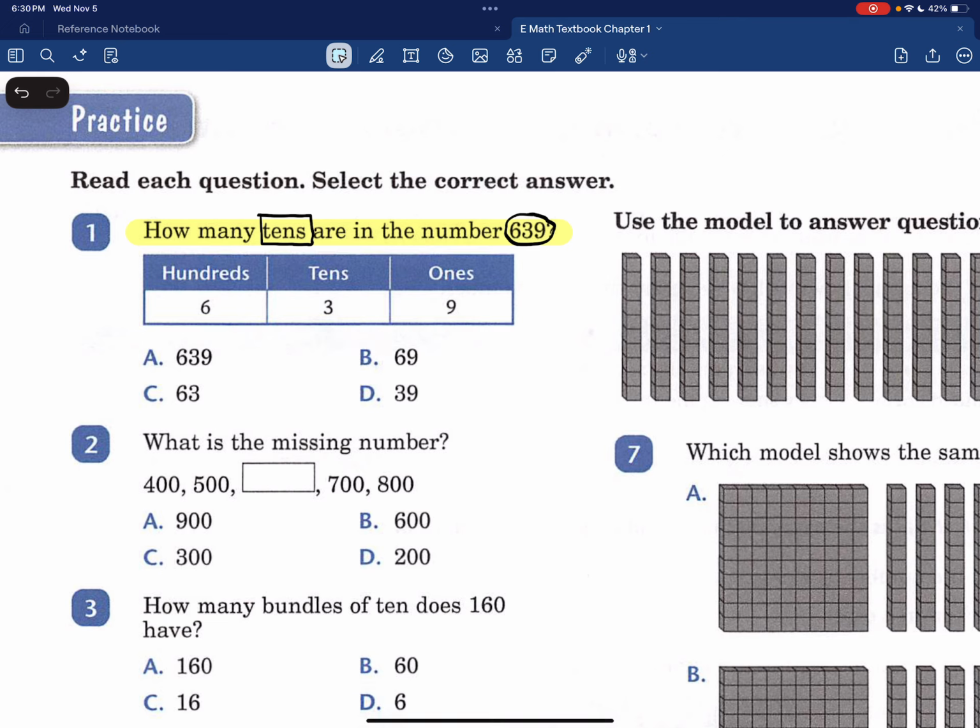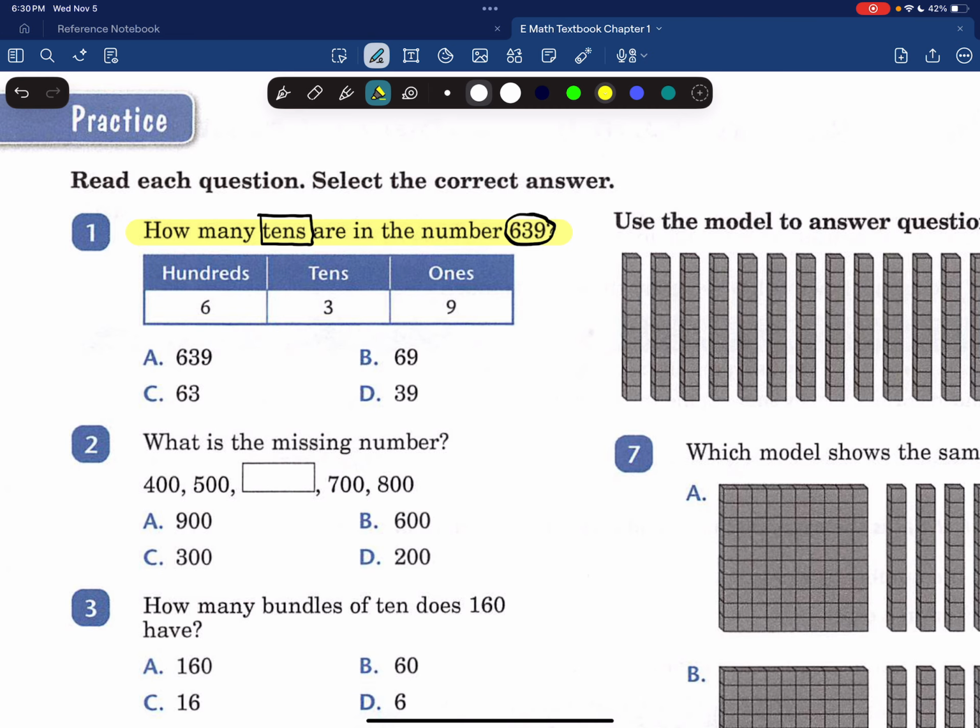Okay, sorry. How many tens? So we need to look at the tens place in the chart, and there are 3 of them. But when you go to look at your answers, you notice that 3 is not one of them. So that's a pretty good clue that I've done something wrong, or in this case, I just haven't finished. Because remember what those hundreds are?